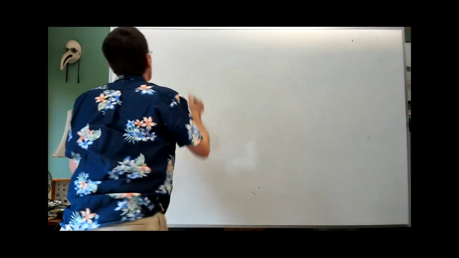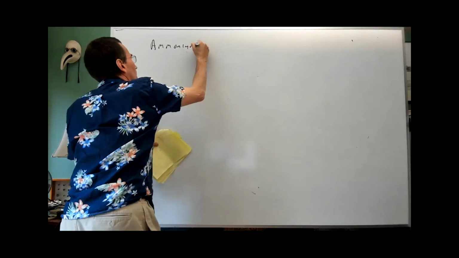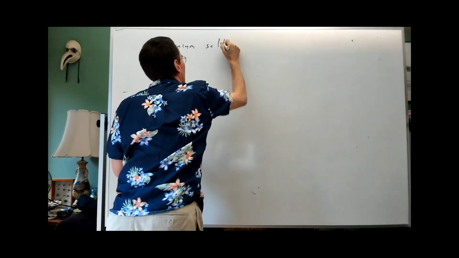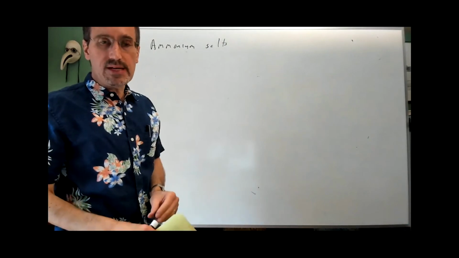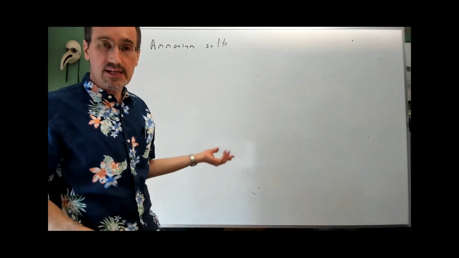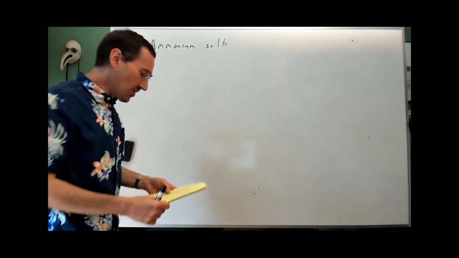All right, so another thing you might encounter might be ammonium salts. Put simply, if you're working up a reaction with an amine and you're under acidic conditions, you might be crystallizing out the ammonium salt.